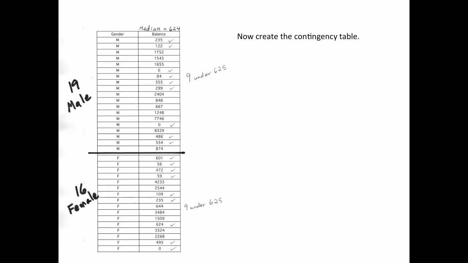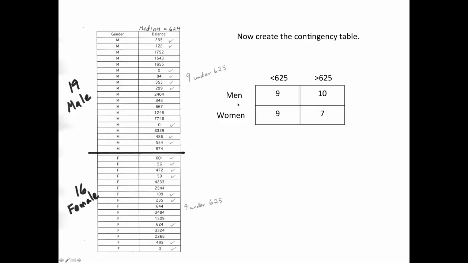Next we need to make the contingency table, or the matrix. Here are the categories under 625 or over 625 compared to their gender. There are 9 men under 625 and 9 women under 625. If you count the ones that don't have check marks, you get 10 and 7. That makes the contingency table.